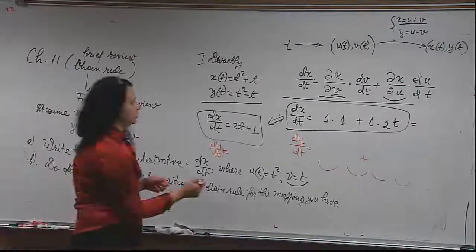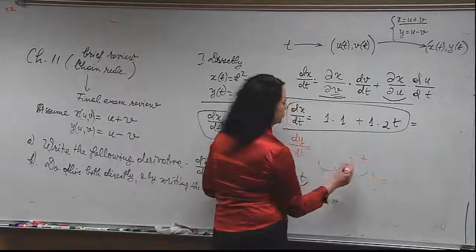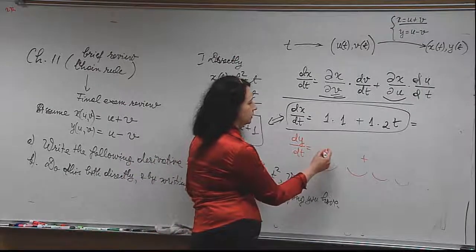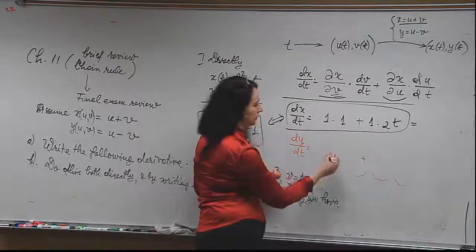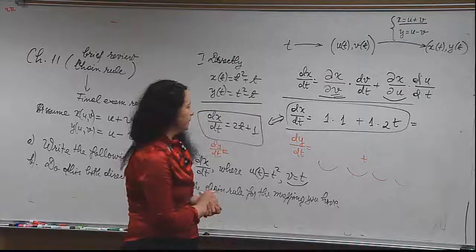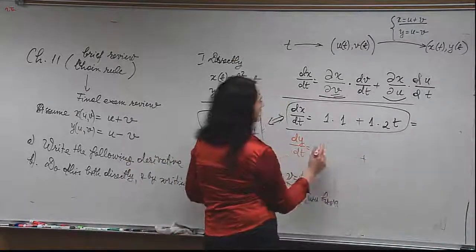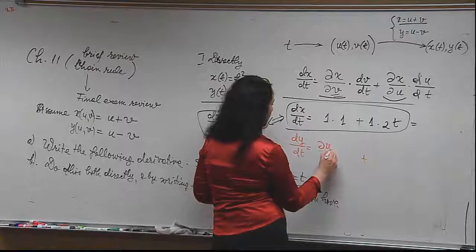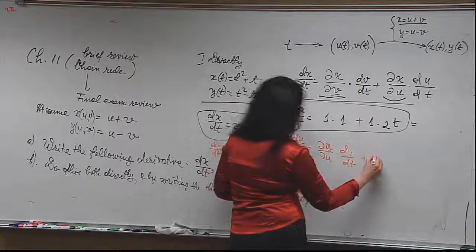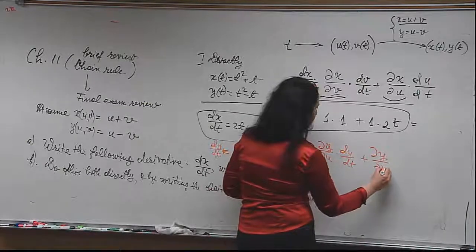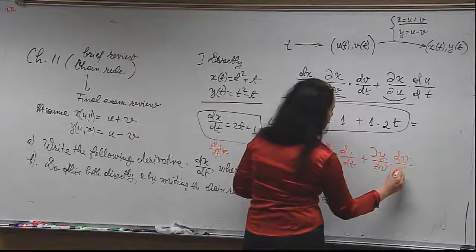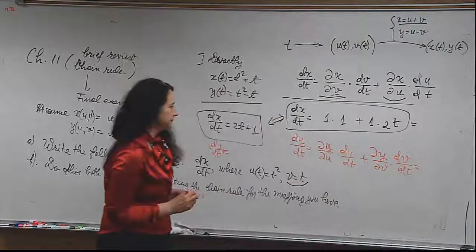Tell me this times this plus this times that. No. So let's write it down together. dy du, du dt, plus dy dv, dv dt.